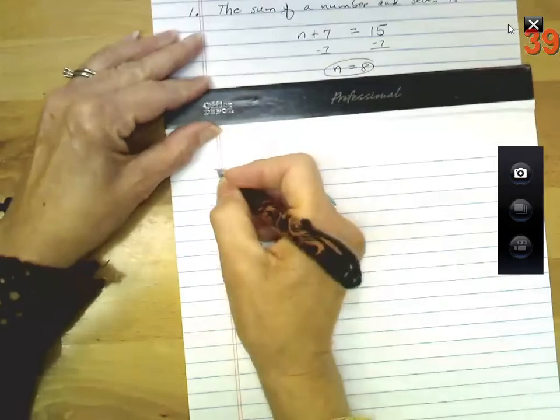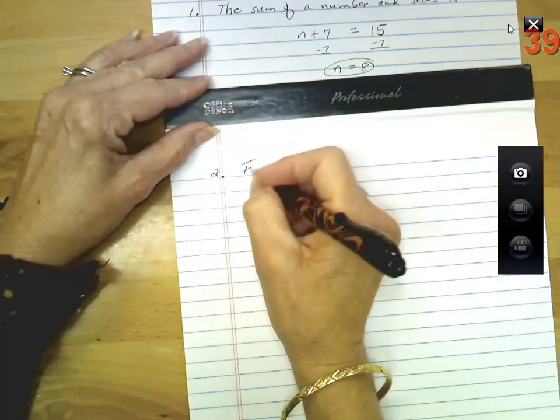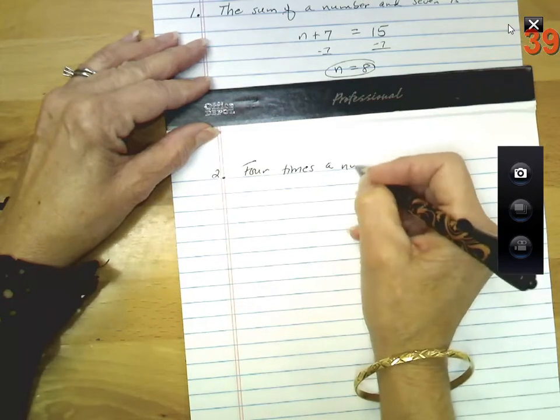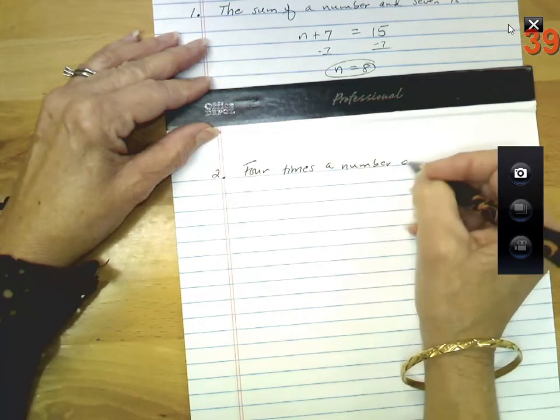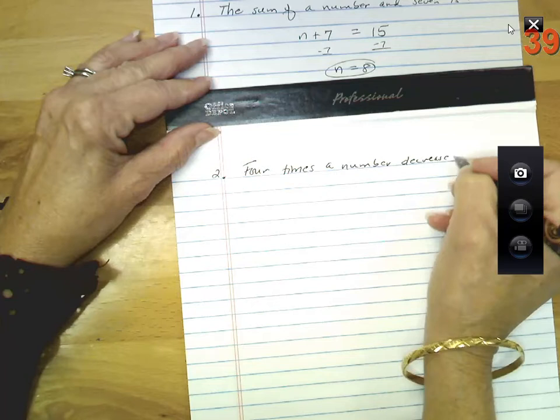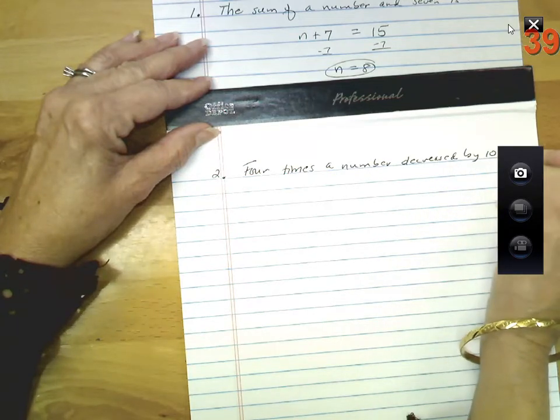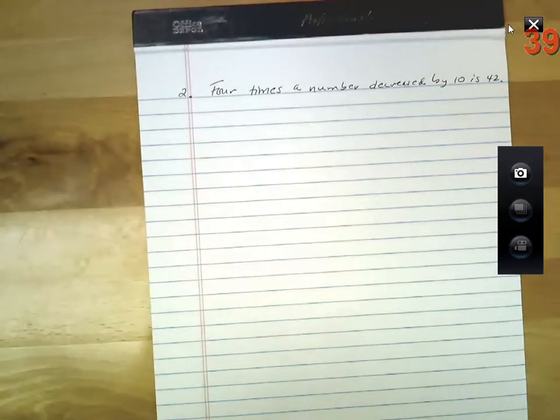Okay, the second one, 4 times a number decreased by 10 is 42. Okay, so write what you think that looks like, and then we'll check it before you work it.